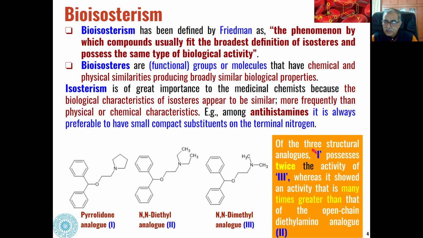Now when the biological activity was determined experimentally, it was found that analog 1, this one, where the tertiary amine is in cyclic structure, possesses twice the activity of 3. If we compare the antihistamine activity of this compound and this compound, this is 2 times that compound.